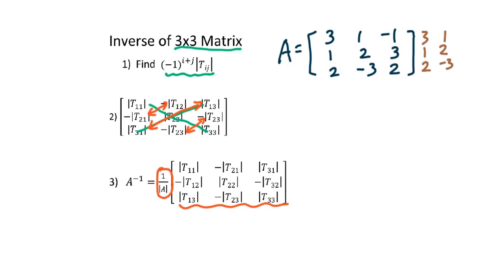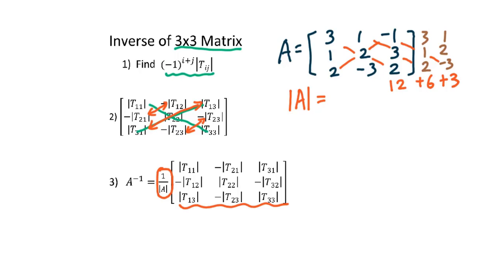Look at this example. This is a 3 by 3 matrix A. First of all, we need to figure out the determinant of this A. So we will do this. This is a 12. Add 6. Add 3.